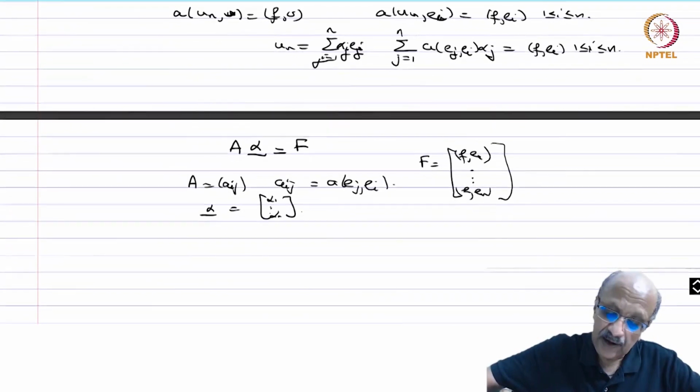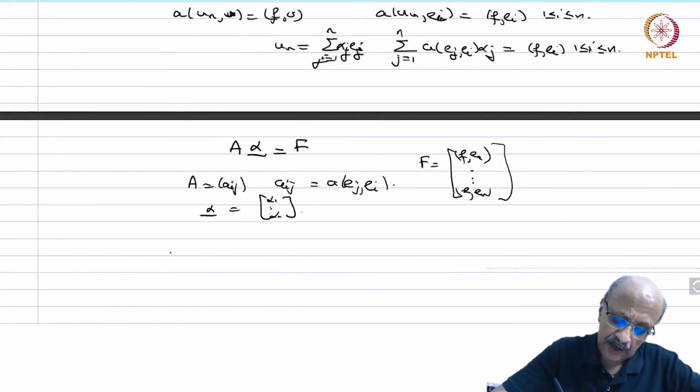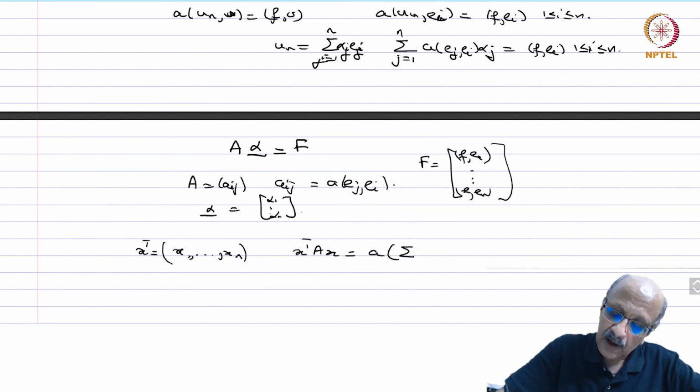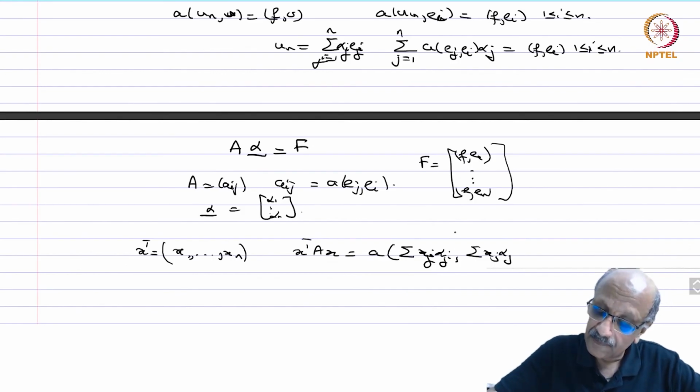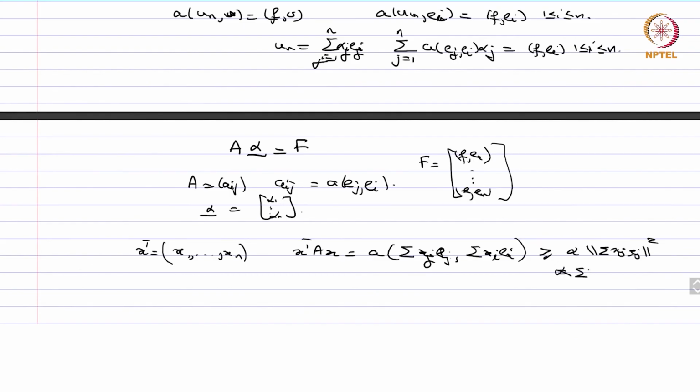So if you solve this linear system, you will get the alphas, so you will get Un, and that will prove it. All you need to show is that this matrix A is invertible, which it is, because if you take any x equals x1, x2, ..., xn, then x transpose A x is nothing but A of sigma xi ei, sigma xj ej, and therefore this is greater than or equal to alpha times the norm of sigma xj ej squared, and that equals alpha times mod x squared, where mod x squared is sigma of mod xi squared.